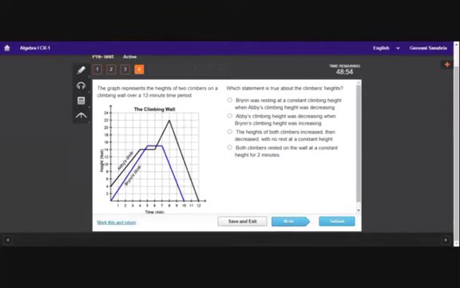Definitely not B. Correct. What do you think about A?